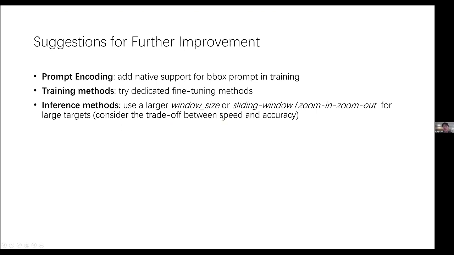So maybe use some sliding window structure or just use a zoom out structure like Yuxin shared in his slides. This may be okay to better handle large targets. But I think you need to consider the trade-off between the speed and accuracy because doing zoom out or sliding window will significantly increase the inference cost.